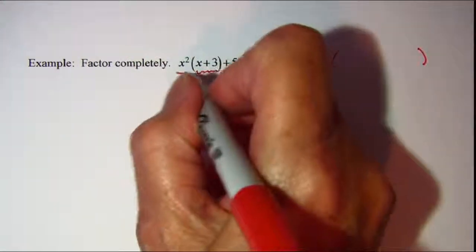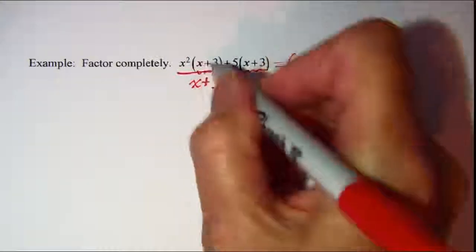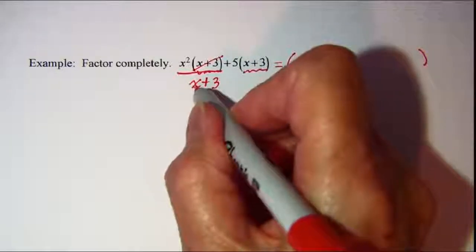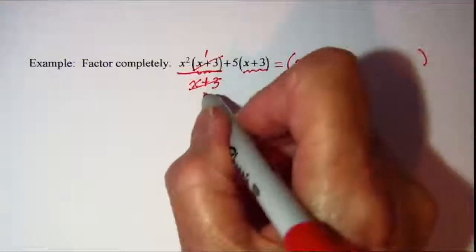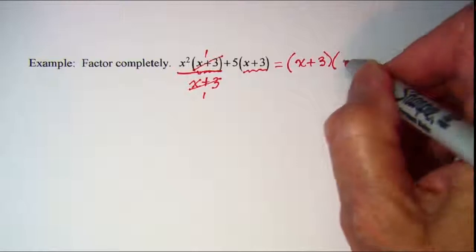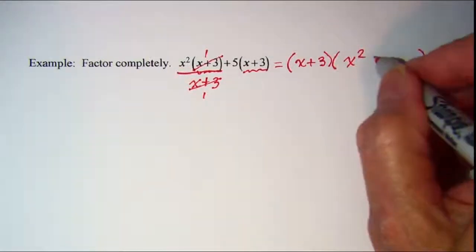So I'll take my first term and divide by x plus 3, and this entire quantity, x plus 3 over x plus 3, is 1. So I'm left with just the x squared factor. And then plus.